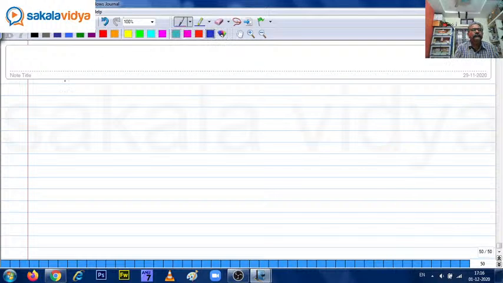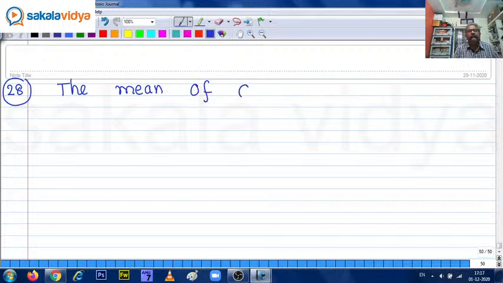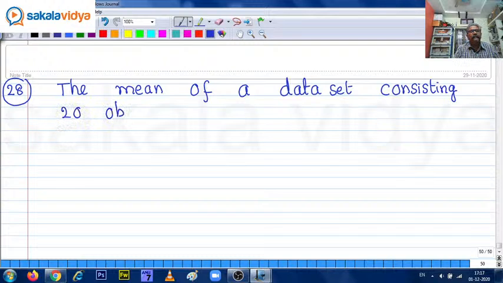Okay, 28th question. The mean of a data set consisting of 20 observations is 40.